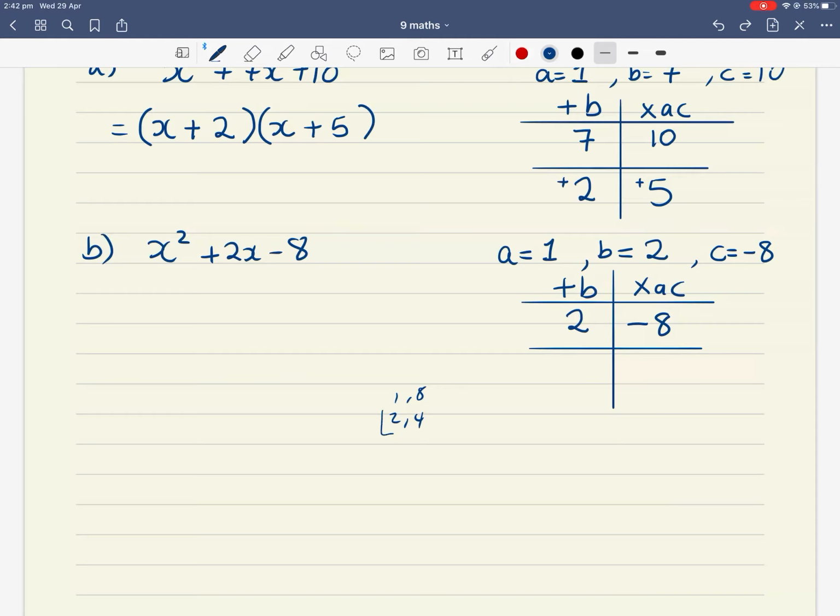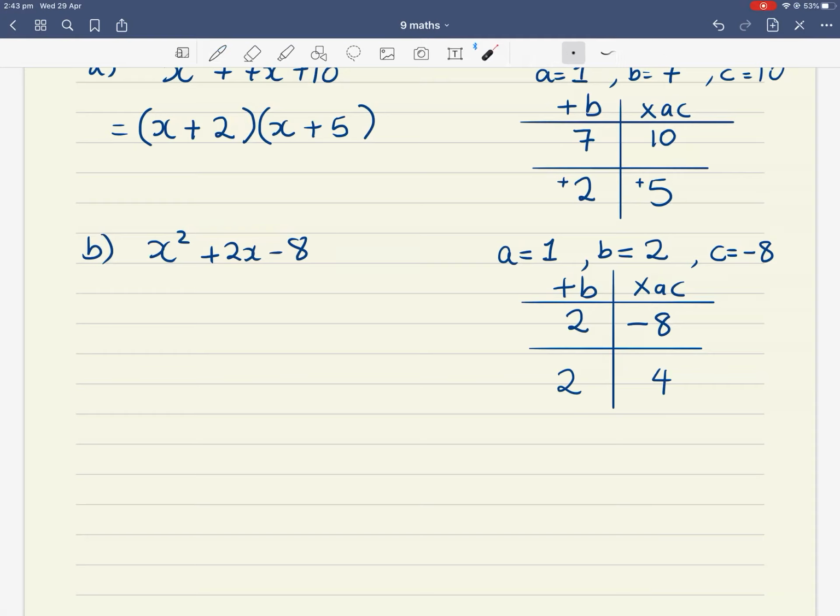Well, between 1 and 8, there's 7 gaps, right? There's no way you can get a 2 out of that. On the other hand, between 2 and 4 there's a 2 difference. So 2 and 4 are 2 numbers that multiply to be 8 and subtract to be 2.